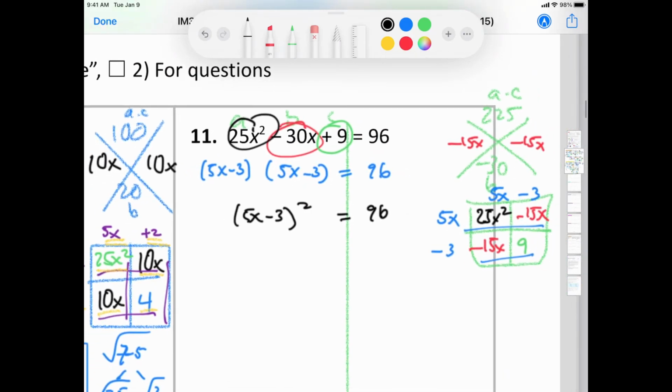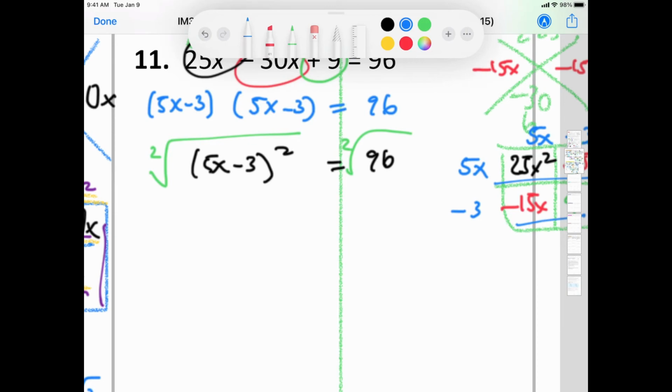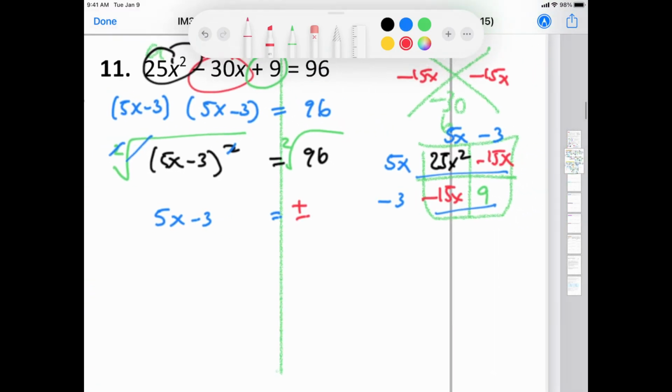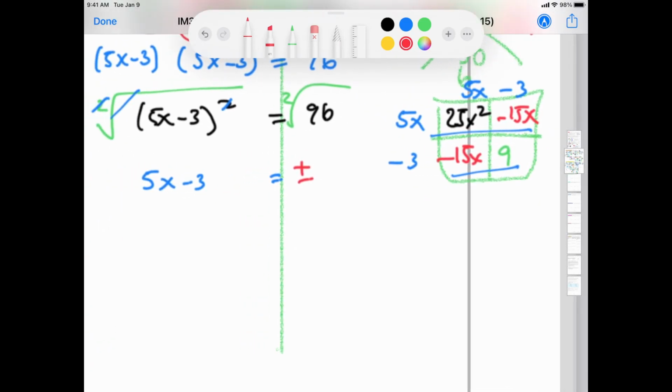It's isolated now, so let's go ahead and take the square root of both sides. There's an invisible 2 in there. Why do I do that? To show you that these cancel. Right here, I'm going to make sure you have the plus or minus. Hopefully you see why I use different colors. You should use different colors too, because it helps us learn.